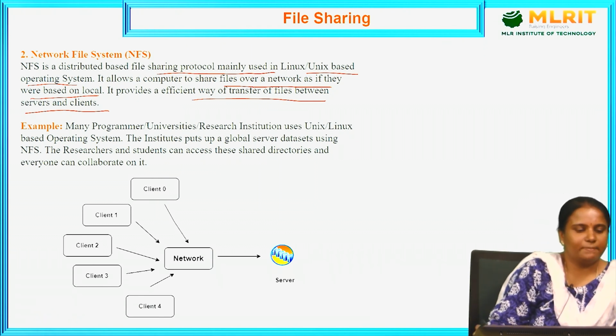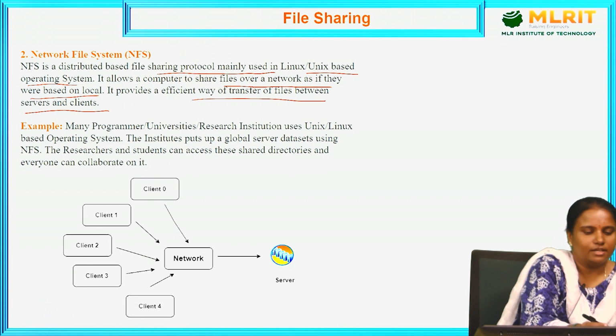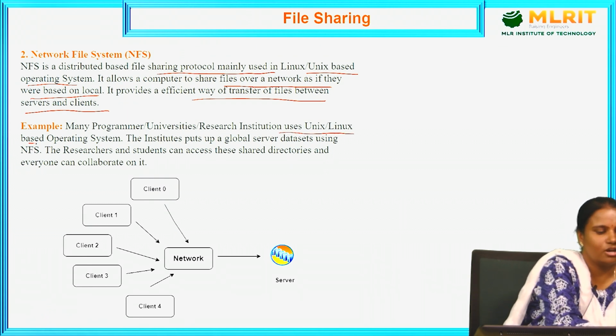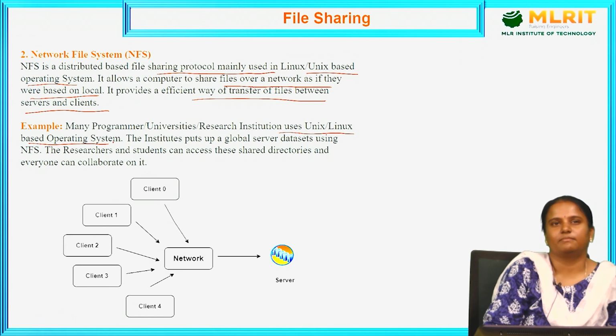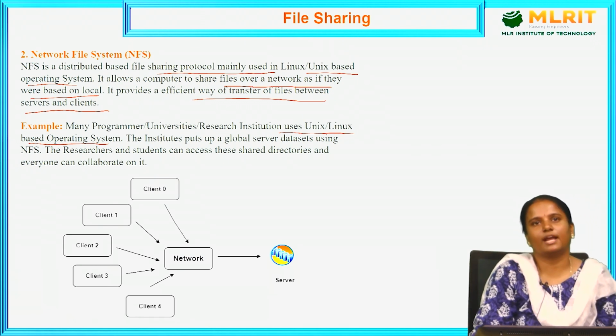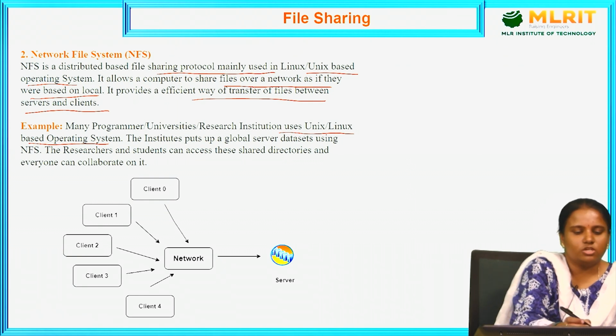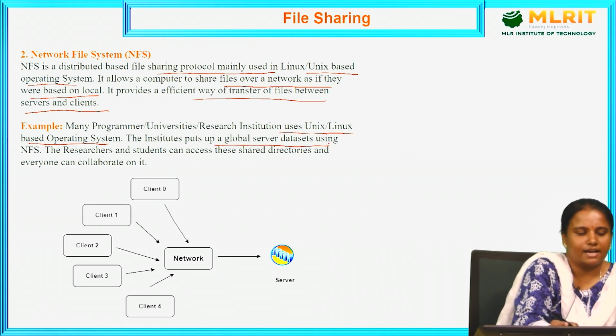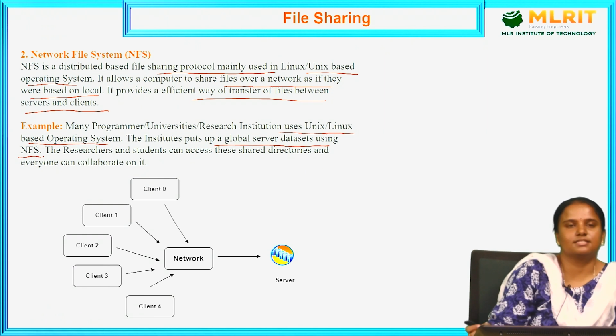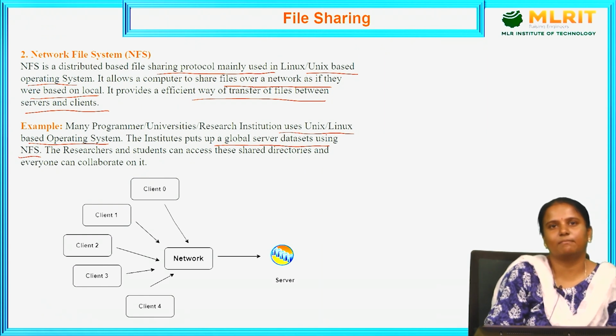For example, many programmers, universities and research institutions use Linux or Unix based operating systems. Any programming language can be run on a Unix or Linux operating system. The institute keeps global server datasets using Network File System.